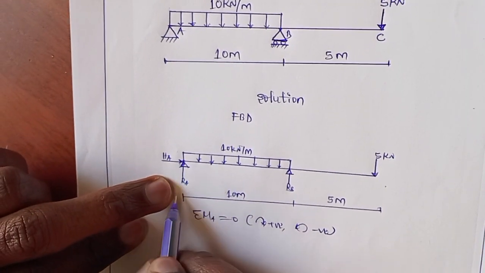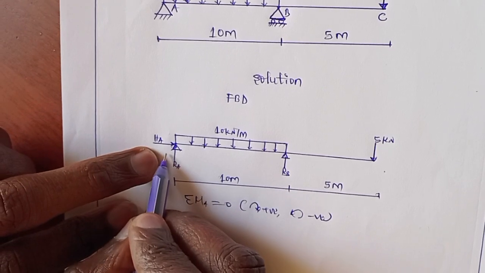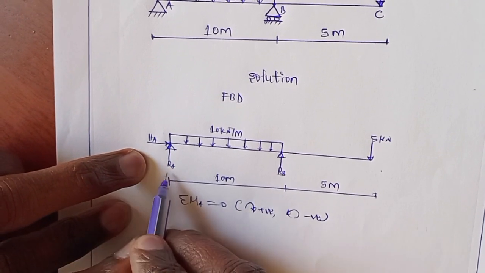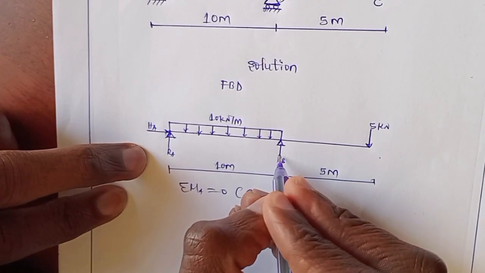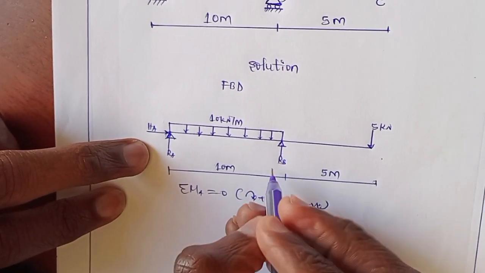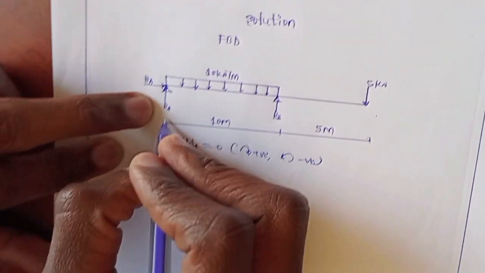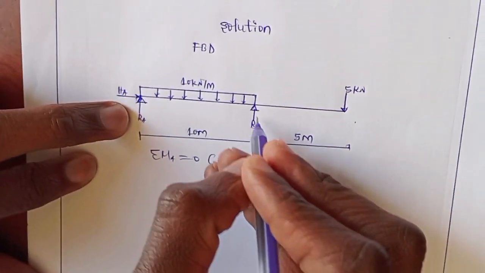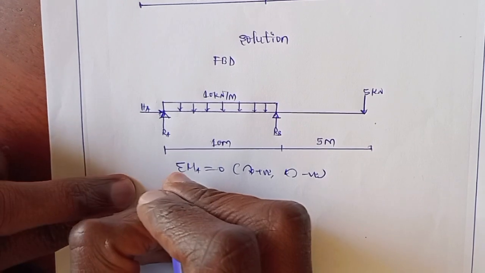Since we have taken the summation of moment at this point equal to 0, HA and RA will be equal to 0. Now RB will rotate towards point A in the anticlockwise direction, so it will be negative.